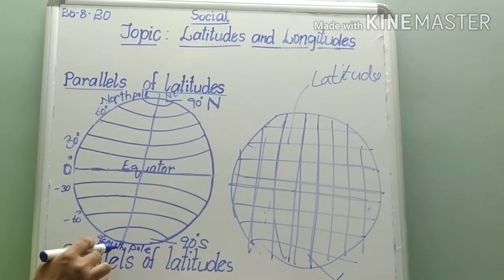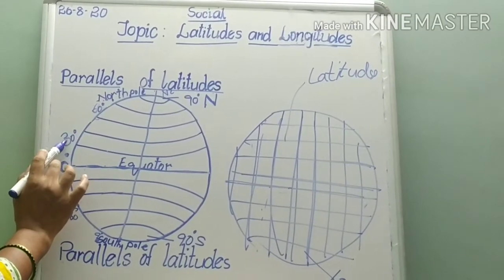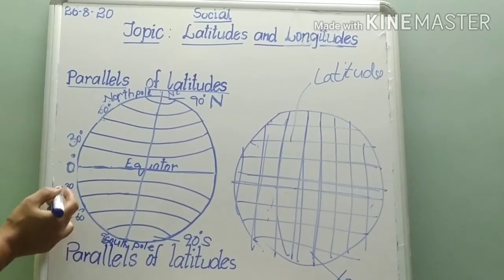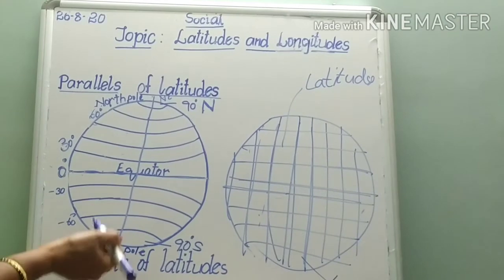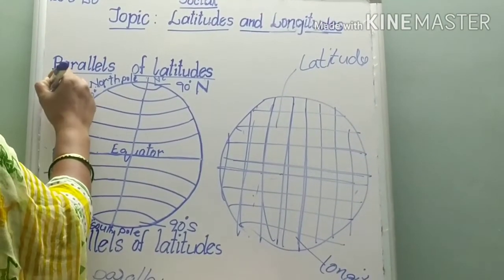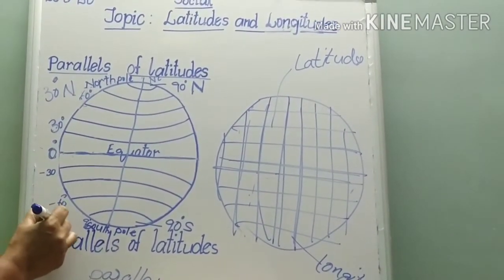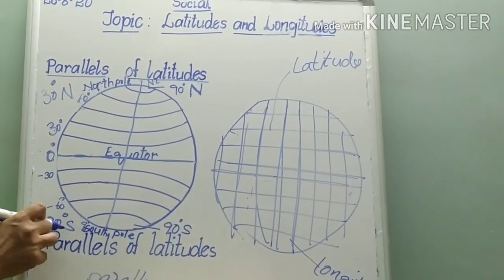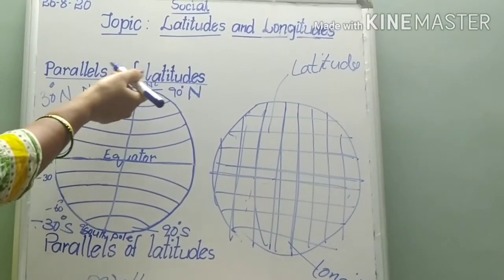If it goes in this direction from the equator towards the North Pole, the degrees will be 30 degrees, 60 degrees and 90 degrees. If it goes towards the South Pole, it will be negative: minus 30 degrees, minus 60 degrees, and when it comes near the pole, minus 90 degrees. So on the north side we identify 30 degrees north, and on the south side minus 30 degrees south. If it is minus, we consider that south. If it is 30 degrees, we consider that north.